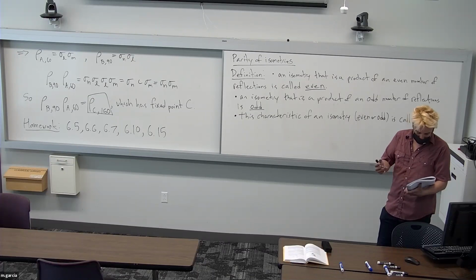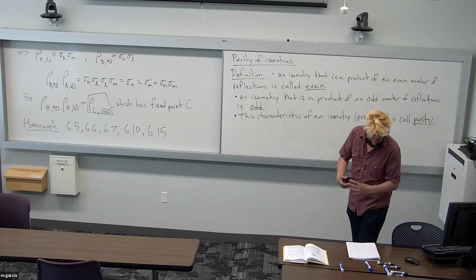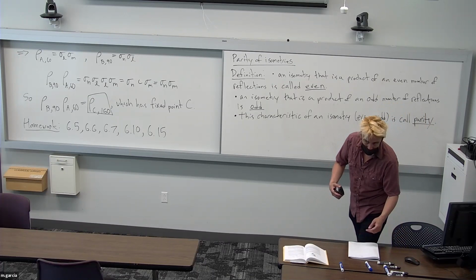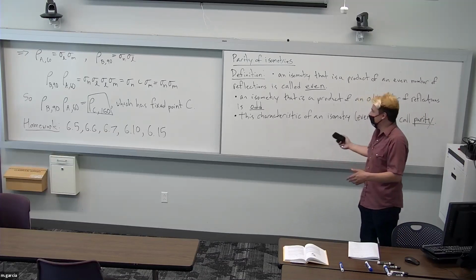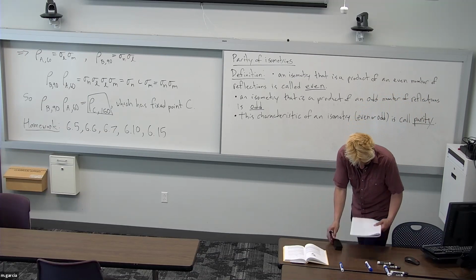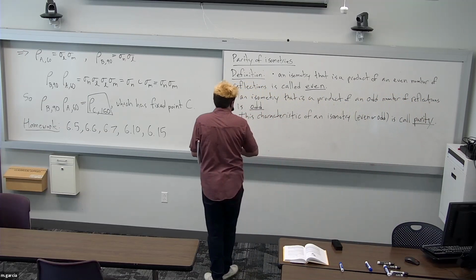So there's some work to do. And I think we can get at least halfway there to showing that this is a well-founded concept for isometries today. Okay, here's a lemma.